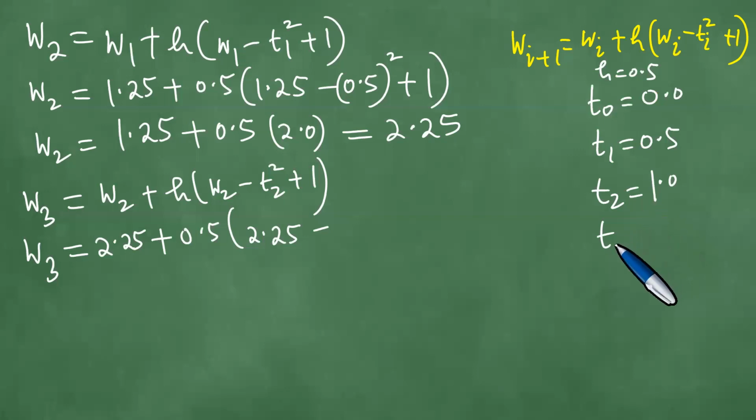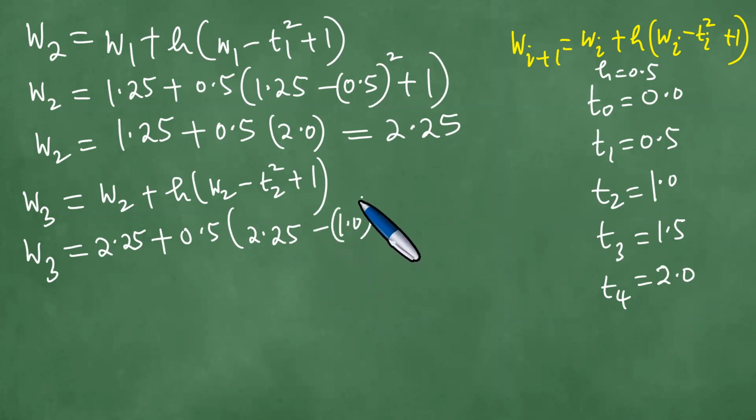Then we can do T3: if you add 0.5, it becomes 1.5. T4 becomes 2.0, which is 2. But we're interested in T2 here, which is exactly 1.0, just 1, maintaining the same number of decimal digits, plus 1.